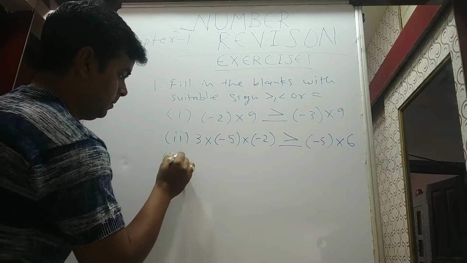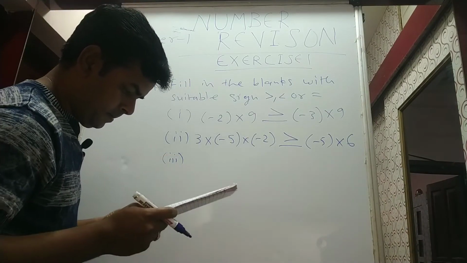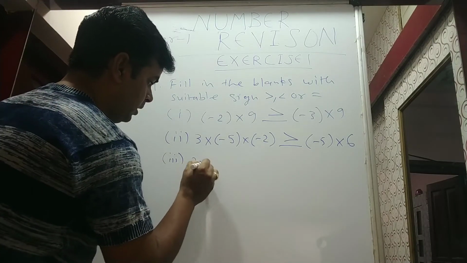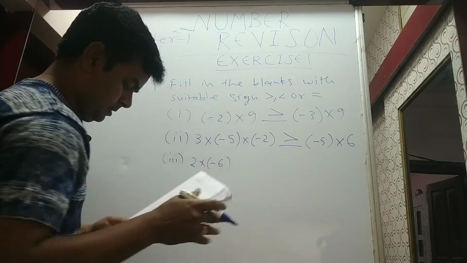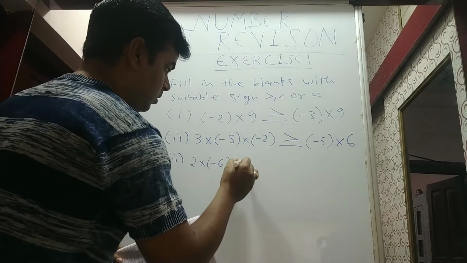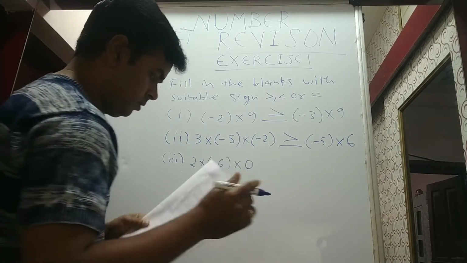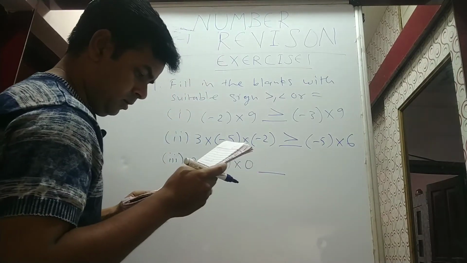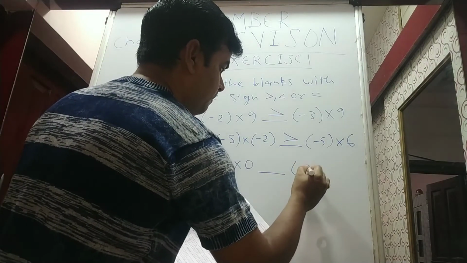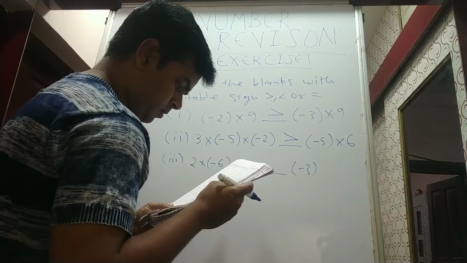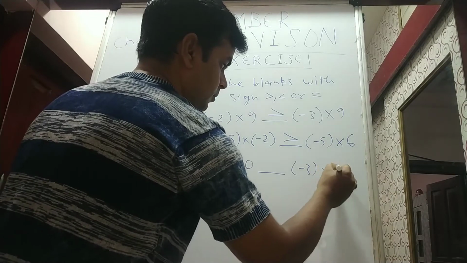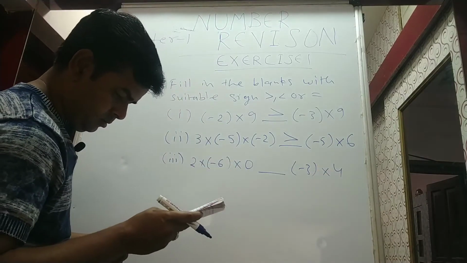Third, 2 into minus 6 into 0, dash, minus 3 into 4.